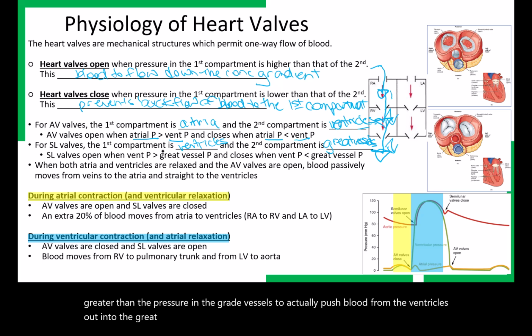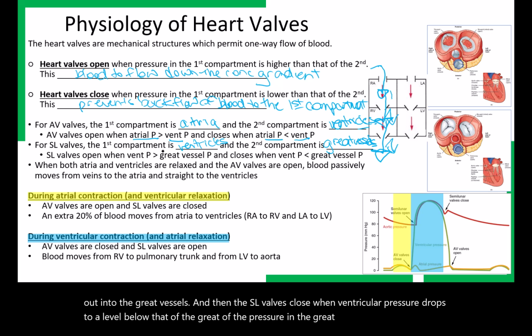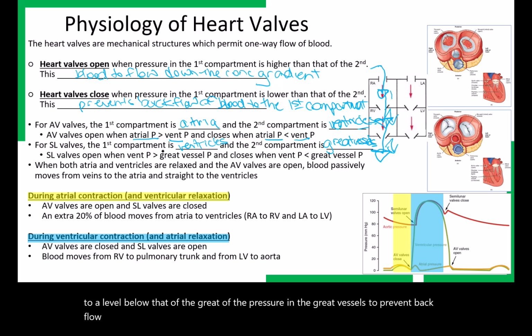And then the SL valves close when ventricular pressure drops to a level below that of the pressure in the great vessels to prevent backflow of blood back into the ventricles. So you want to keep the flow of the blood moving forward.